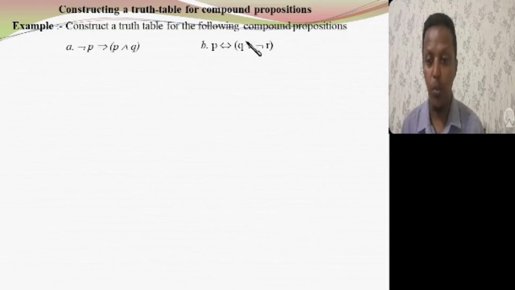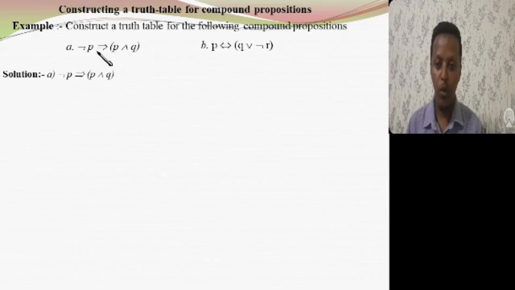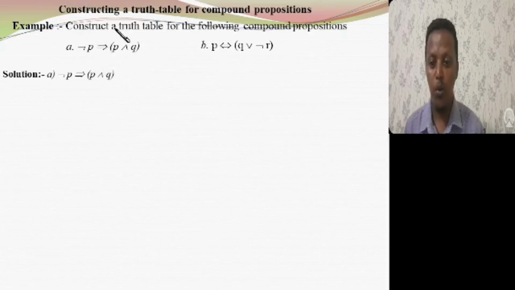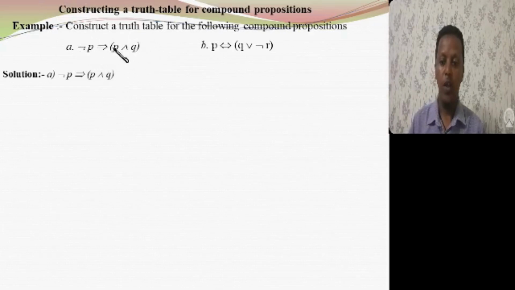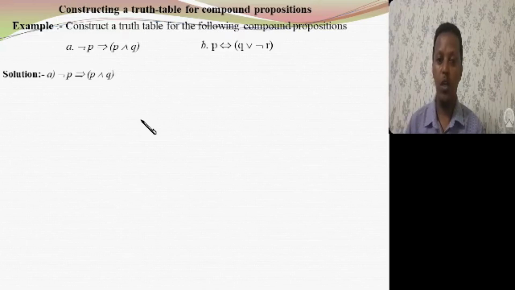So let's take an example. The first one, negation P implies P and Q. You have 2 component propositions in the compound, P and Q. If a compound proposition has 2 component propositions, we expect how many logical combinations based on their truth values?